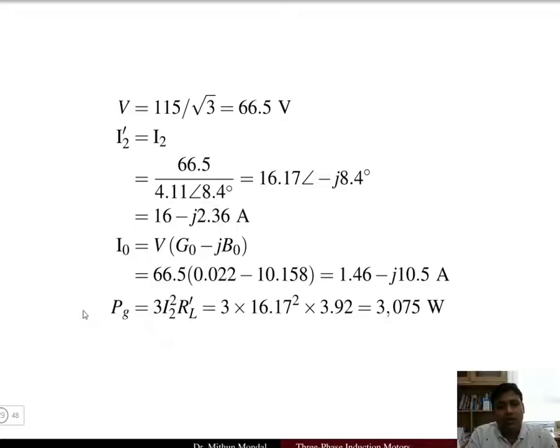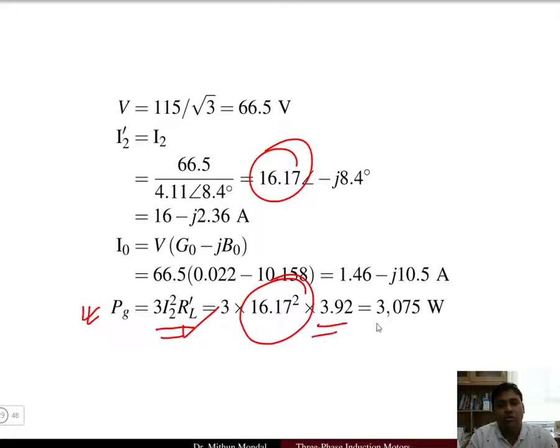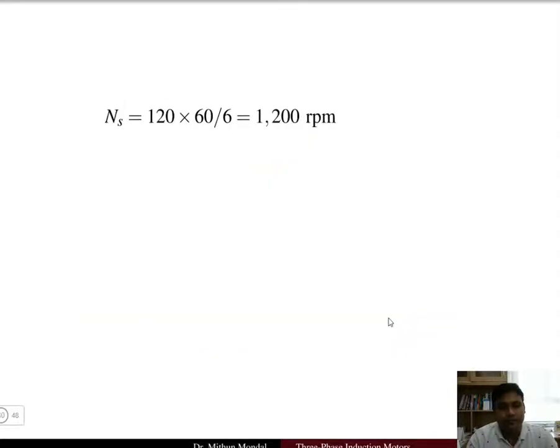So the PG value, that is the air gap power, is 3 times I2 square into RL dash. Current I2 we have already calculated as 16.17 as the magnitude, and the load resistance referred to the stator side, or the electrical equivalent of the load, is 3.92, which gives 3075 watt as the power.